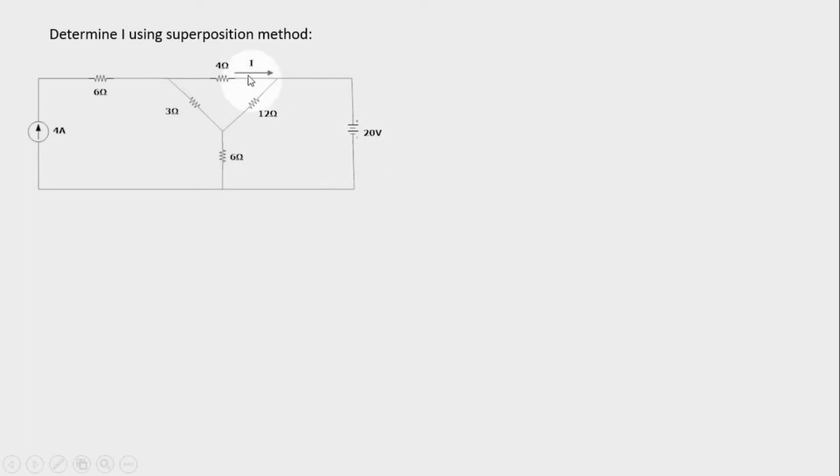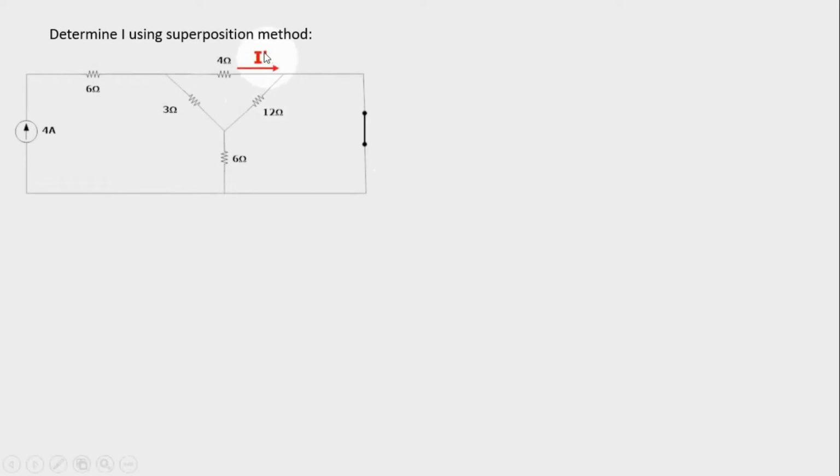To be able to do that, we first consider the voltage source as shorted. We short the 20 volt source. So we name that current I prime, and let us solve for I prime.